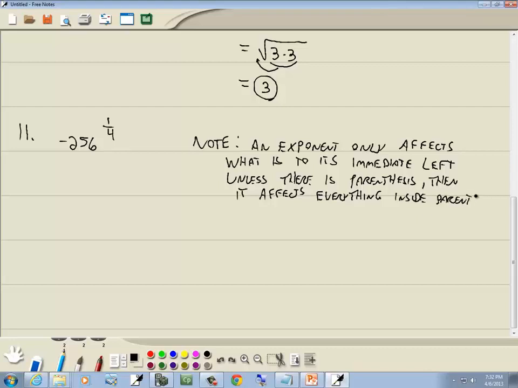And I'm a slow writer. I'm getting there. Okay. An exponent only affects what's to its immediate left unless there's parentheses, and it affects everything inside the parentheses.